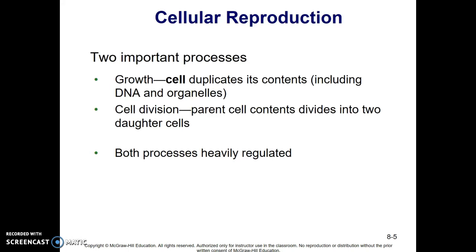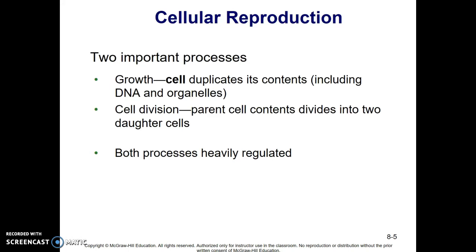We need to get more organelles, because essentially it's going to get split in half. So we need twice as much stuff. Then, once there's a certain amount of growth and preparation to divide, then we're going to go through the actual process of division. And that's where the parent cell divides into two daughter cells. I'm not sure why we don't call them son cells. We don't. We call them daughter cells.